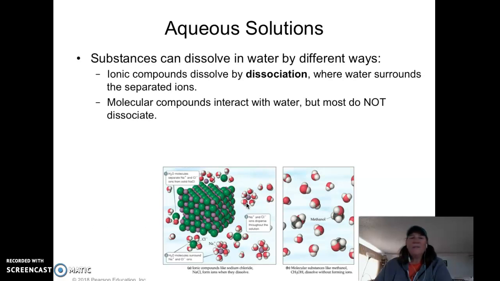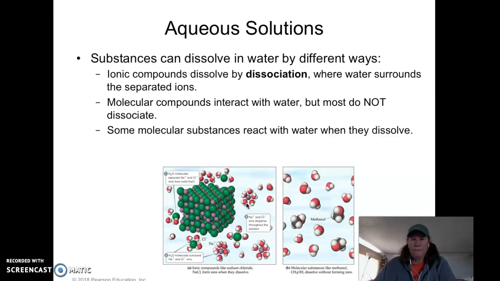A lot of them won't dissolve because they don't have any poles, any positive and negative ends. The water doesn't break them down. But the ionic compounds are going to be able to have charged particles in them, whereas the molecular ones won't. They will not have charges.